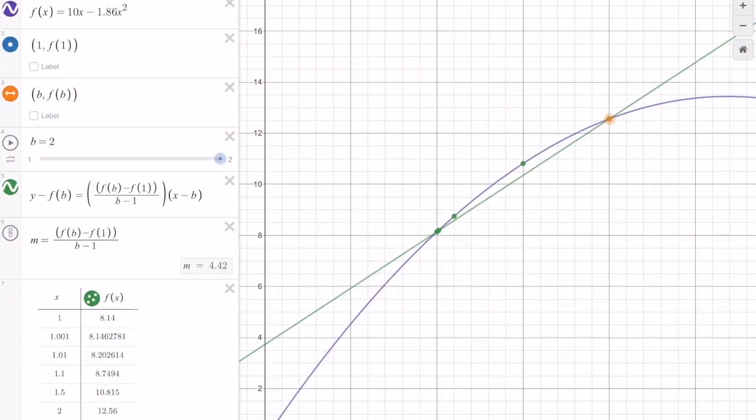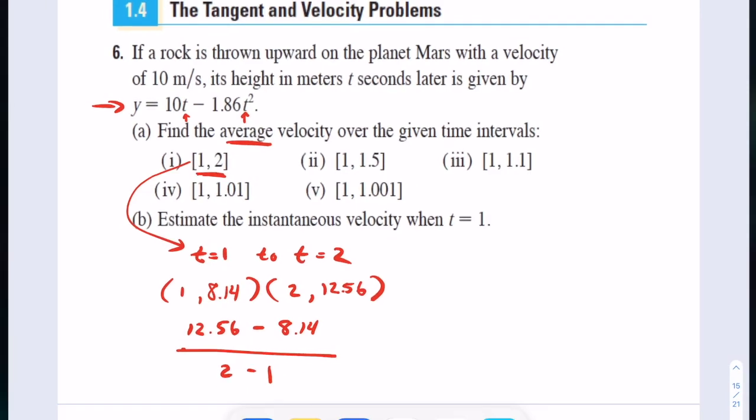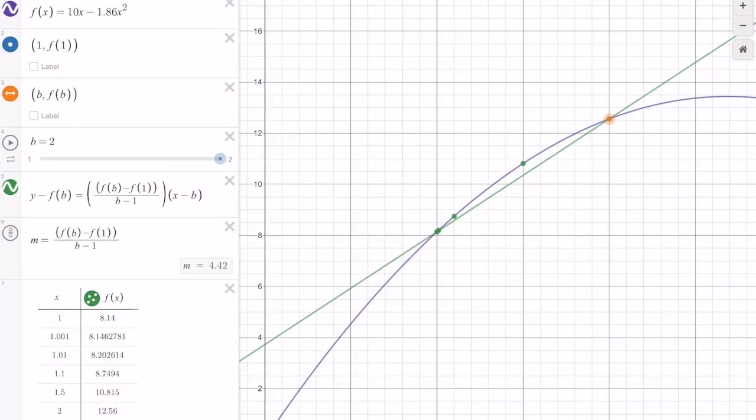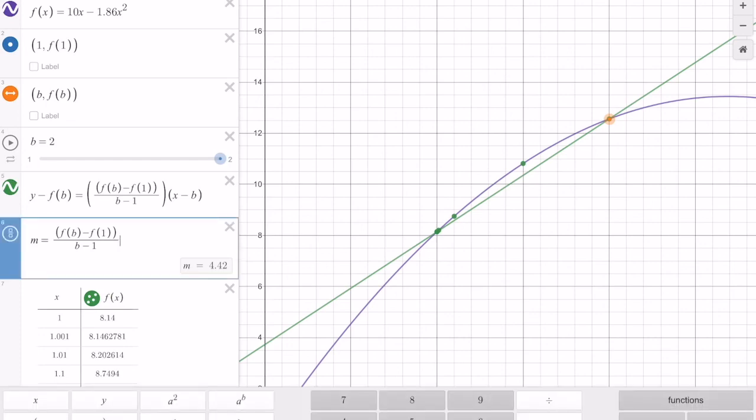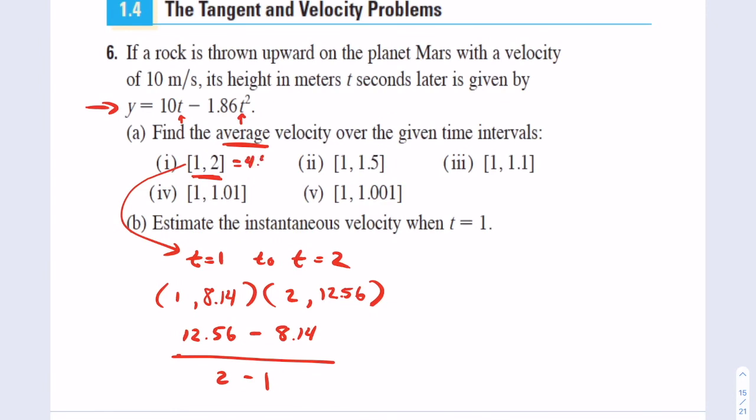And at 2, it comes out to 12.56. Just trust me on these values, only because that's not the big point of this problem here, okay? So if you found the average rate of change, or the slope, and I kind of created a formula for it, if you look right here, it comes out to 4.42. Just trust me on it. So 4.42 meters per second. That's how fast the ball was going.